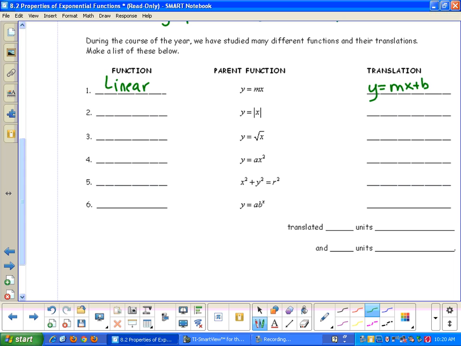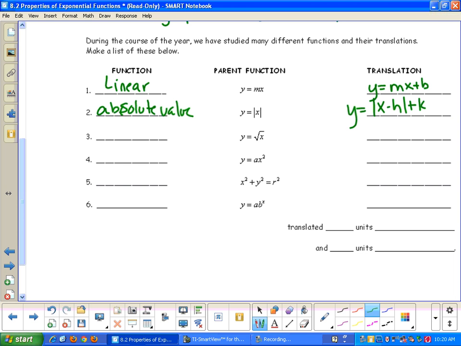For number 2, this is the absolute value function. And remember, the translations were y equals the absolute value of x minus h plus k.